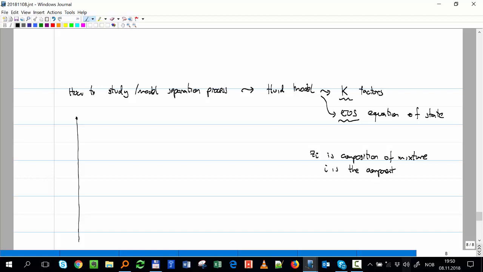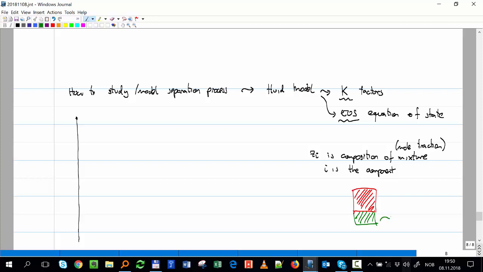This is mole fraction. And then I have the oil and the gas, and we know already how to call them. I think we introduced the nomenclature in a previous class.